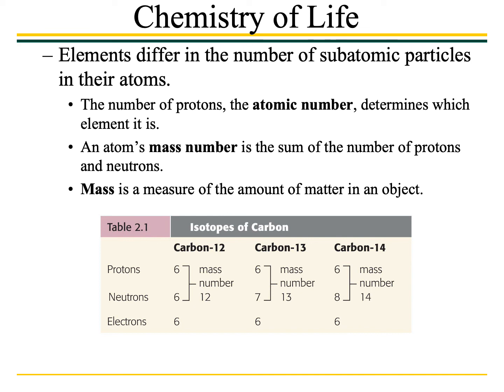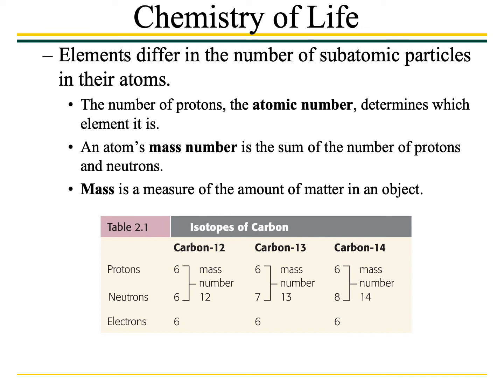Now, there are some exemptions to this balance that I just talked about, and that is what we define as an isotope. An isotope is any of several forms of an element that have the same number of protons. Again, it's the number of protons that dictates what the element is, but has differences in the number of neutrons.